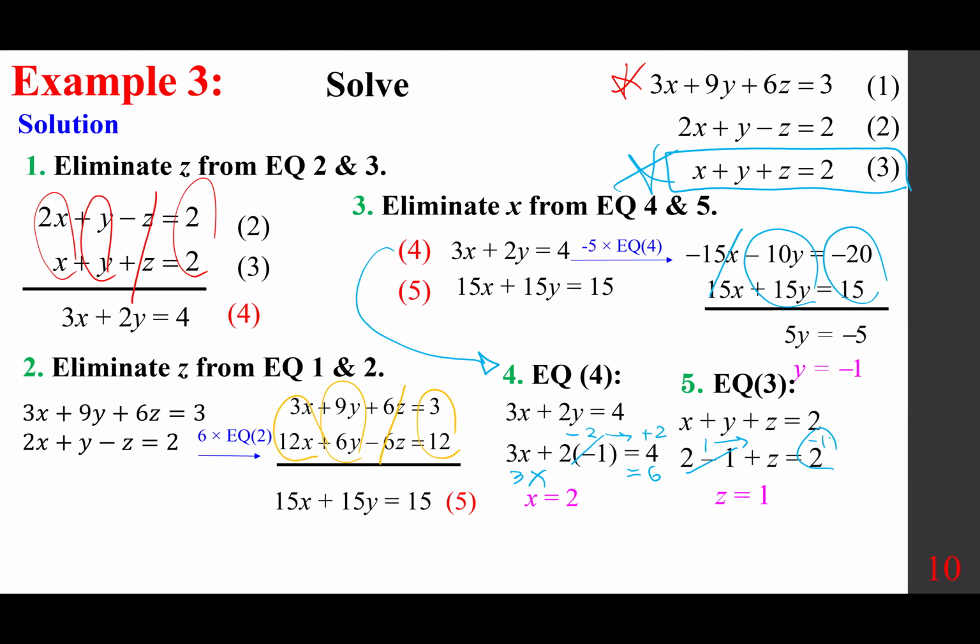Z becomes 1. It's a good practice to write them as x, comma, y, comma, z: 2, comma, negative 1, comma, 1. And you must check.